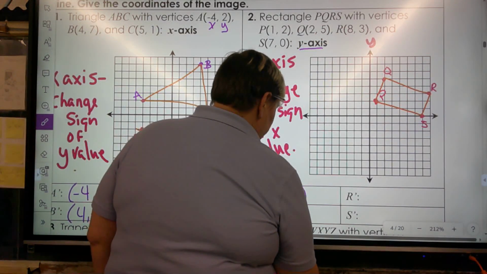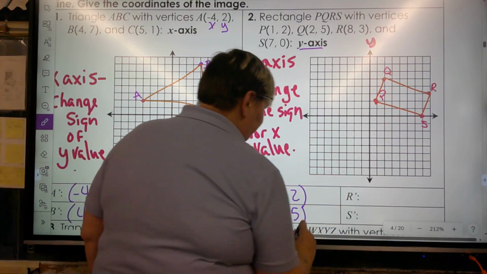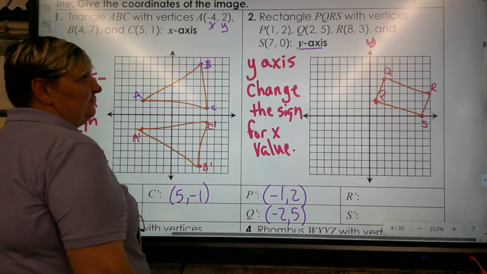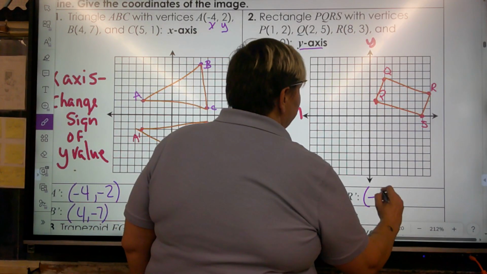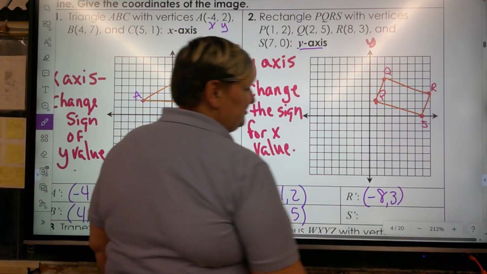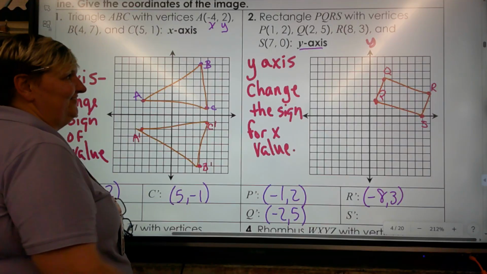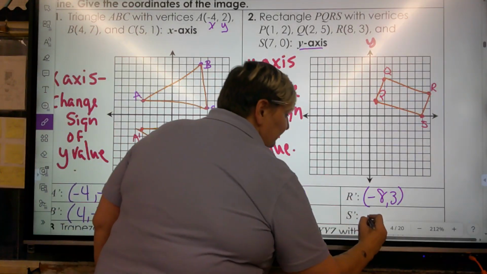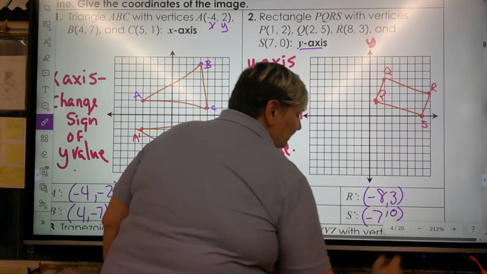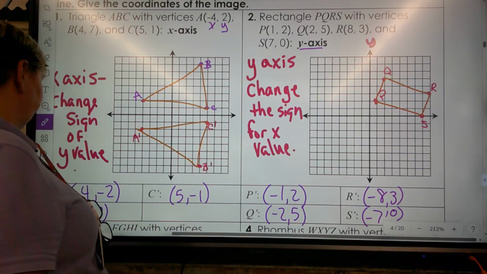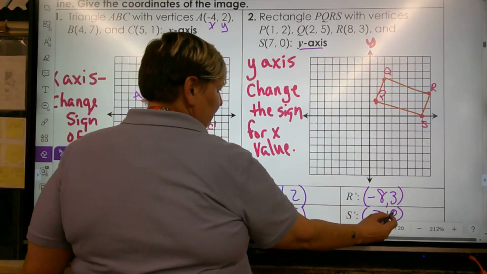So Q prime is going to be negative 2, 5. 8, 3. R prime is going to be negative 8, 3. All I'm doing is changing the sign on the x value. 7, 0 becomes negative 7, 0. That looks like that.